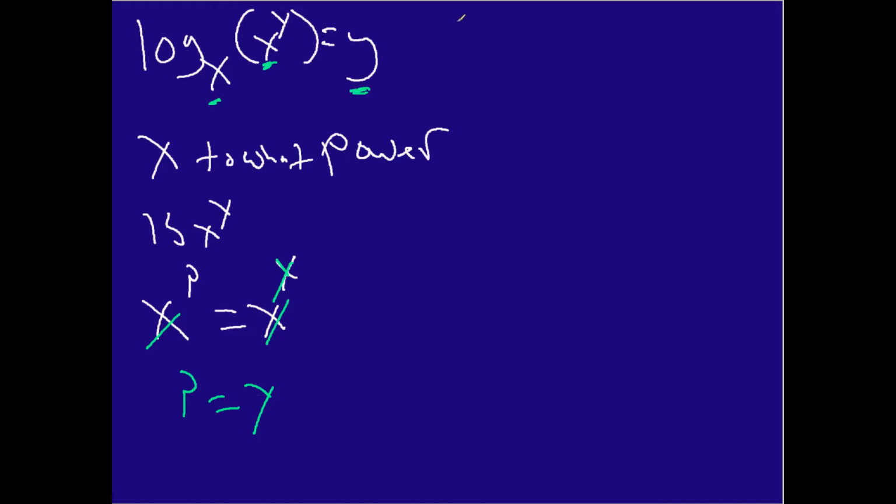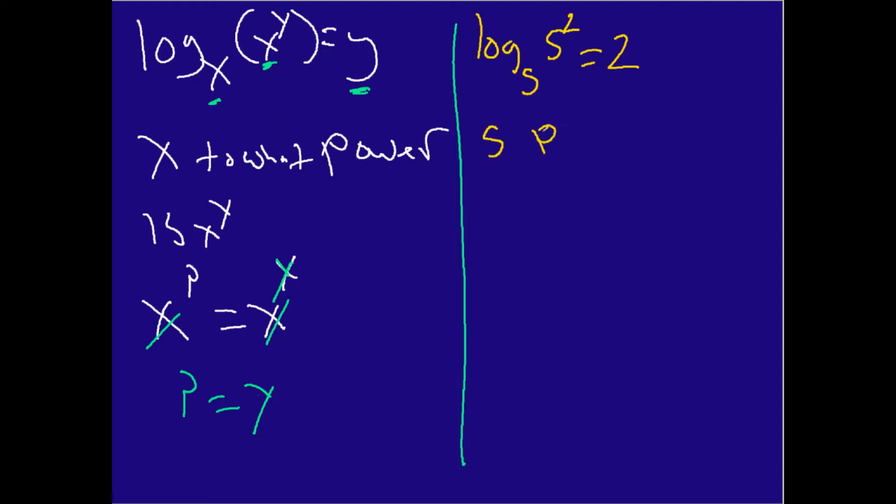So to give you a literal example rather than this theoretical stuff, let's take a look at the following. Log base 5 of 5 to the second power equals 2. So what I'm asking is this: 5 to what power is, or you can say equals, 5 squared?